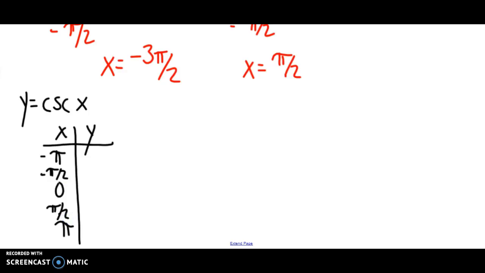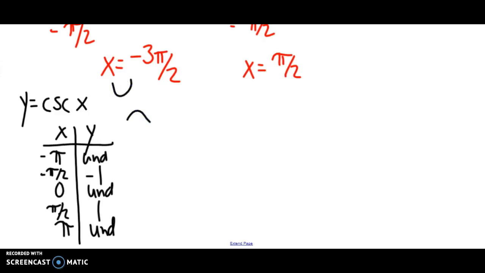And the values I get for these are undefined, because remember we have to make some sort of parabola, and then undefined here. So these ones for cosecant and secant graphs are going to have 3 undefined values. And so at negative pi over 2, that's going to be negative 1, and at positive pi over 2, it's going to be a positive 1. So that's where our parabolas up and down kind of come from.